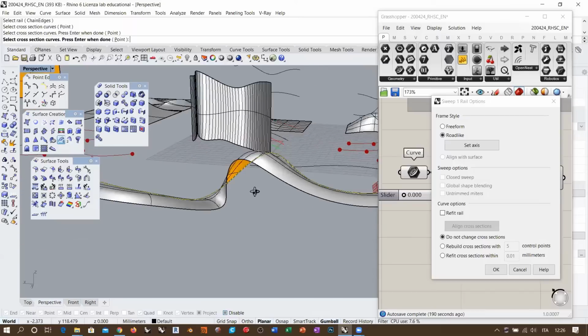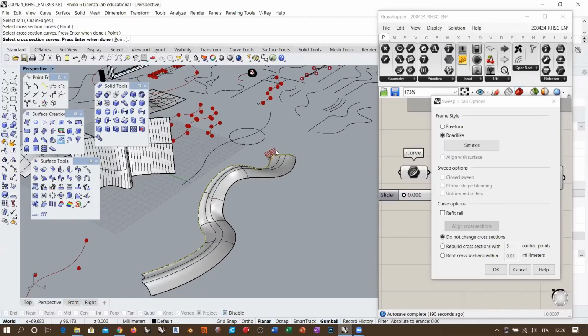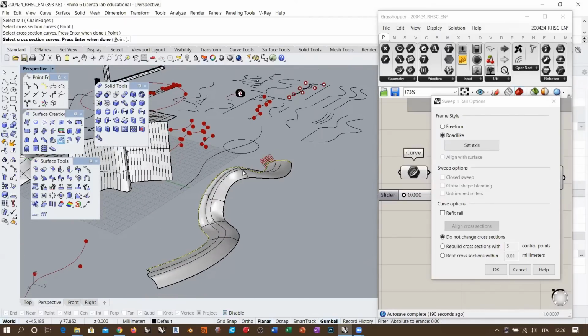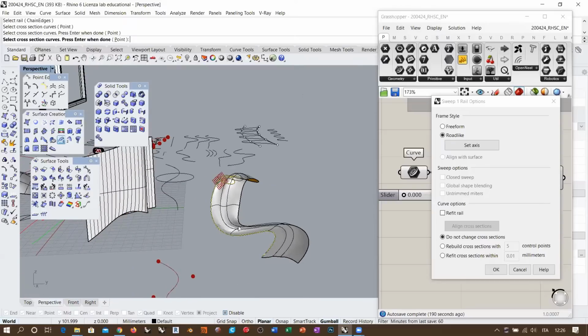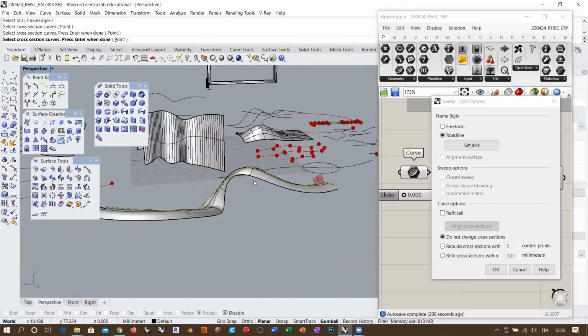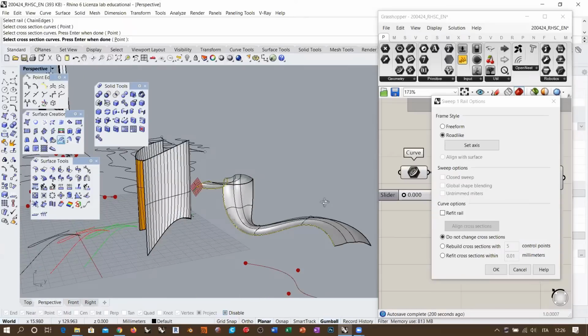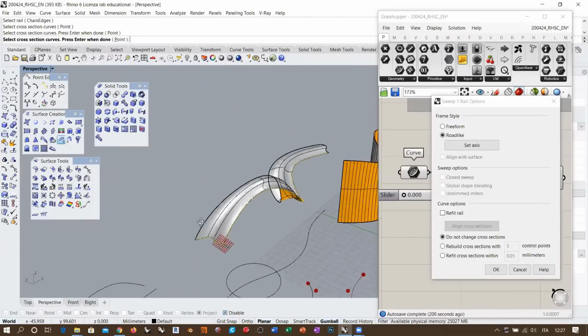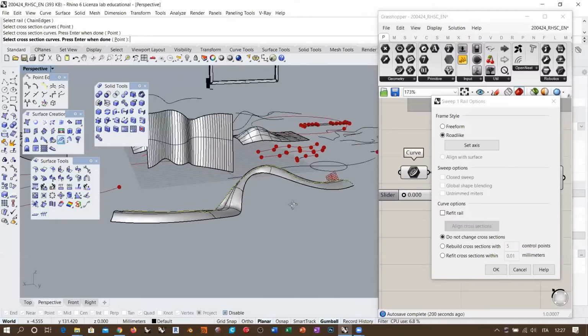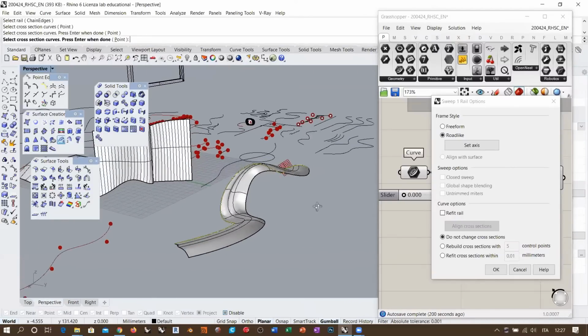So you see that this line is basically never rotating around the axis of our rail. It always keeps the horizontal orientation. This is something that allows creating more regular sweeps if you want.